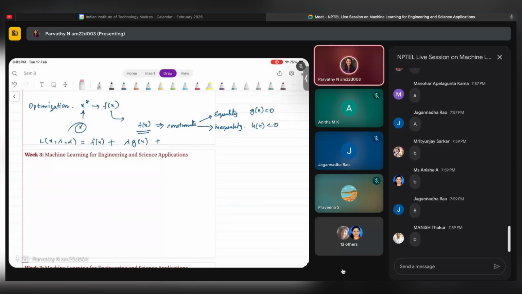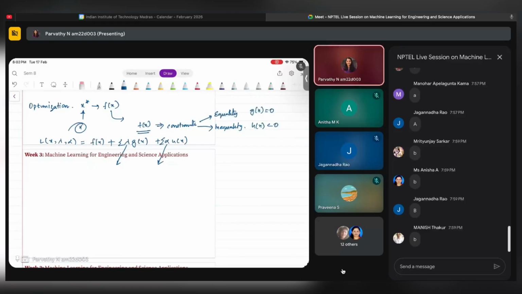I'm not using the summation for simplification. So this is the generalized Lagrangian form. Here lambda is the Lagrangian multiplier for the equality constraint and alpha is the Lagrangian multiplier for the inequality constraint.